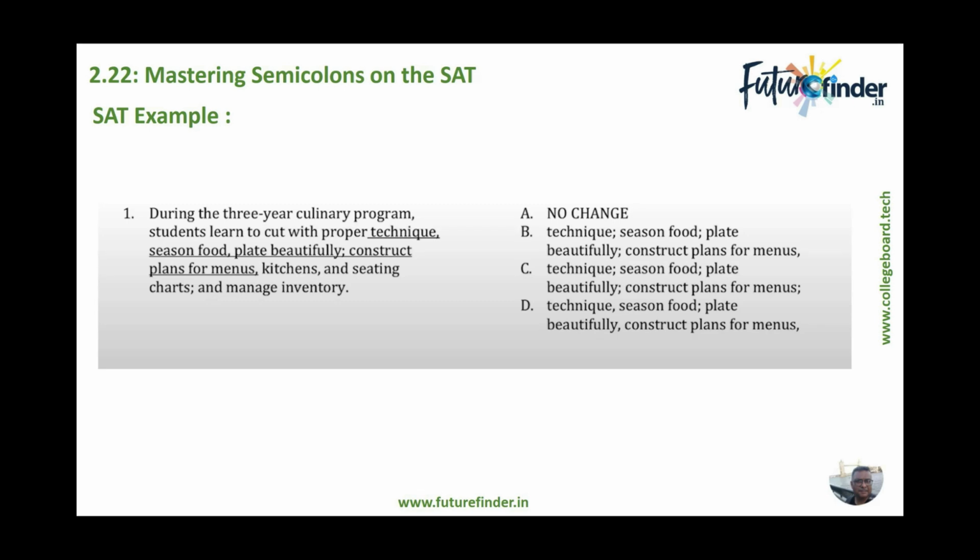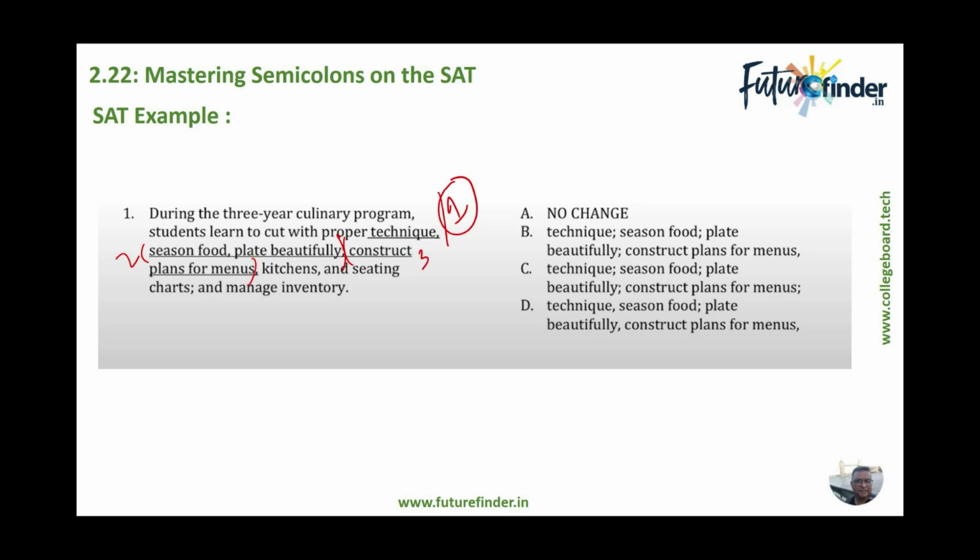Great. So what are the major groups? During the 3-year culinary program, students learn to cut with proper technique. Okay, great. So item number 1, season food, plate beautifully. Item number 2, and construct plans for menus. Great.